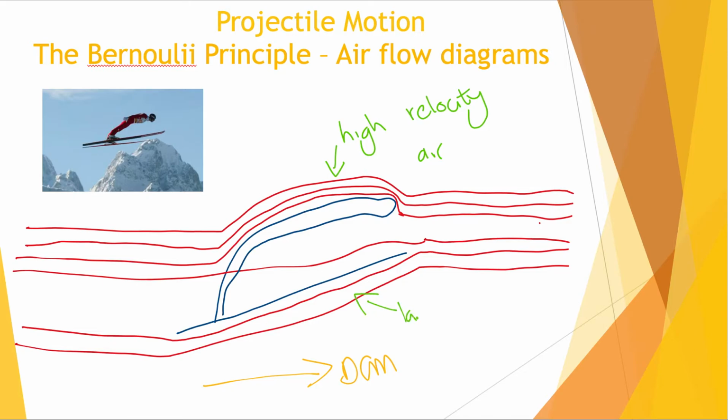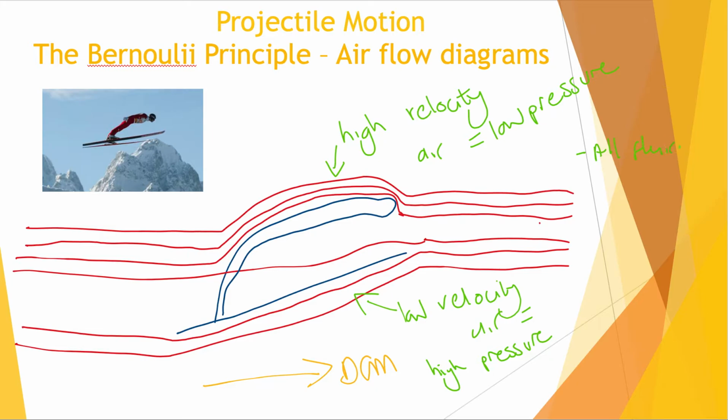Okay, so what we end up with for a ski jumper is high velocity air and low velocity air. We're going to say this equals low pressure, this equals high pressure, then we would say all fluids move from an area of high to low pressure, and therefore it's going to create this lift force here.